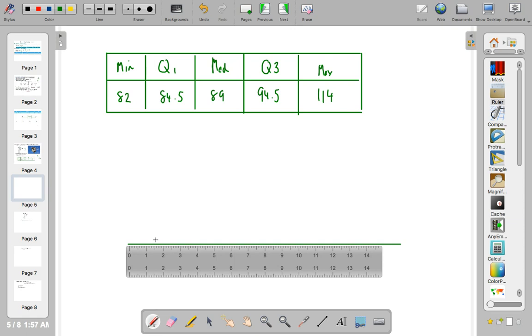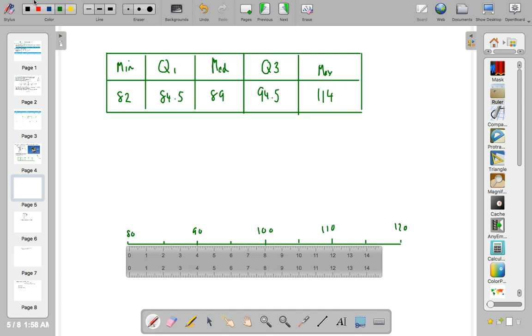Okay, and make that 80, 85, 90, 95, 100, 105, 110, 115, 120. Okay, so I've now set my scale there. I might just write those in. So 80 and 90 and 100, 110, 120. So there's my scale.